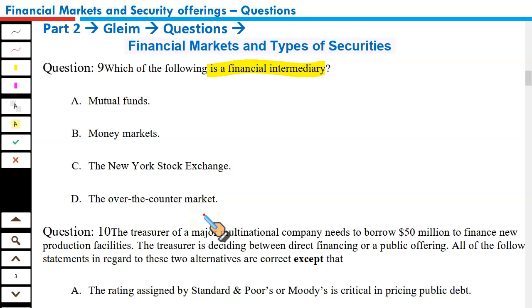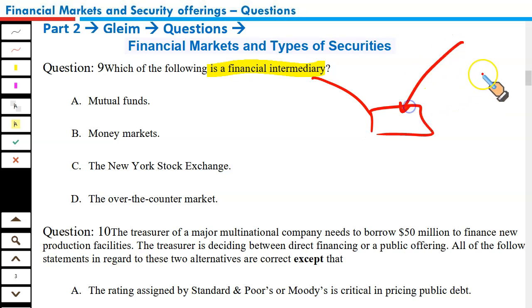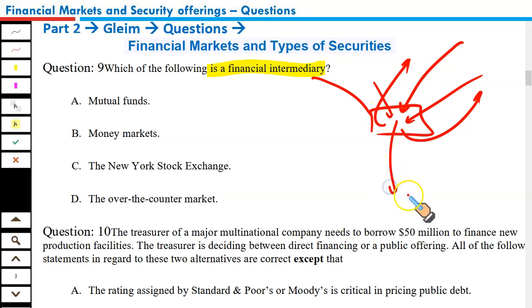No, gentlemen, ladies, please listen. When we say a financial intermediary, what are we talking about? We are talking about an institution that takes in deposits or investments from you, issues its own securities to you, and uses your funds to make investments in other avenues: in the bond market, in the property markets, or maybe in the equity market.